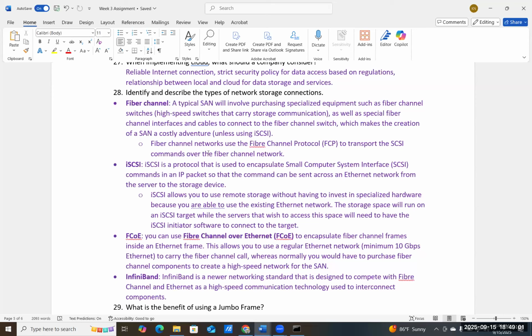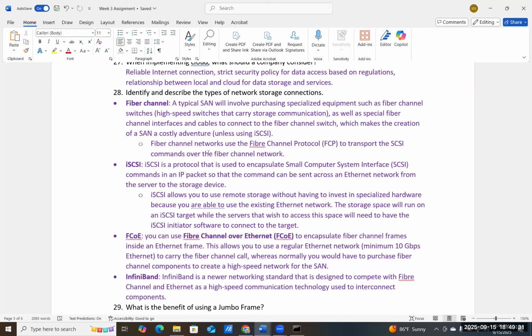So you can go with network attached storage, or use a SAN. When you're using a SAN, with typical SAN equipment you would have to buy Fibre Channel switches. These are specialized switches that you would use with a SAN for storage, and that would allow your users or your systems to access data in a quicker manner through the network.